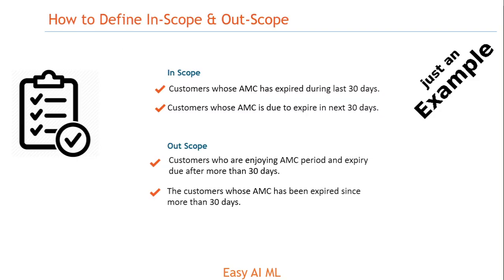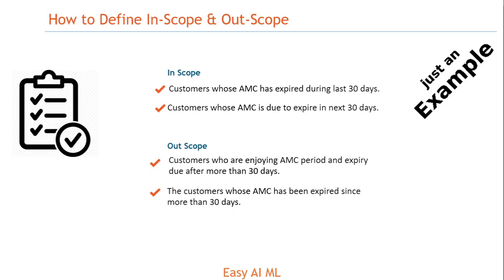So friends, now let us understand how to do scoping of a model. On the screen there is an example of a model to predict who will purchase the AMC.